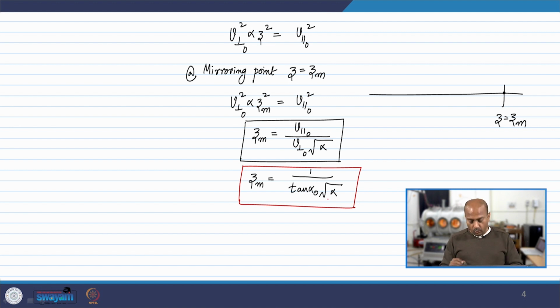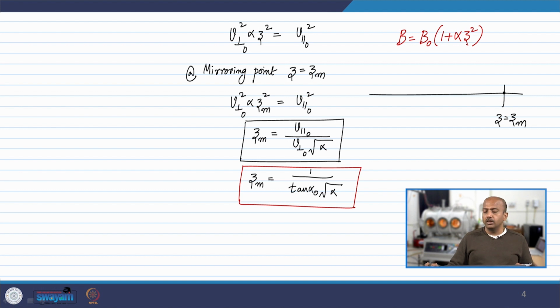Alpha has no relation whatsoever to the rest of the variables. Alpha simply denotes the speed with which the magnetic field is changing or increasing along the z axis, because we have defined the magnetic field B as B naught times 1 plus alpha z square.